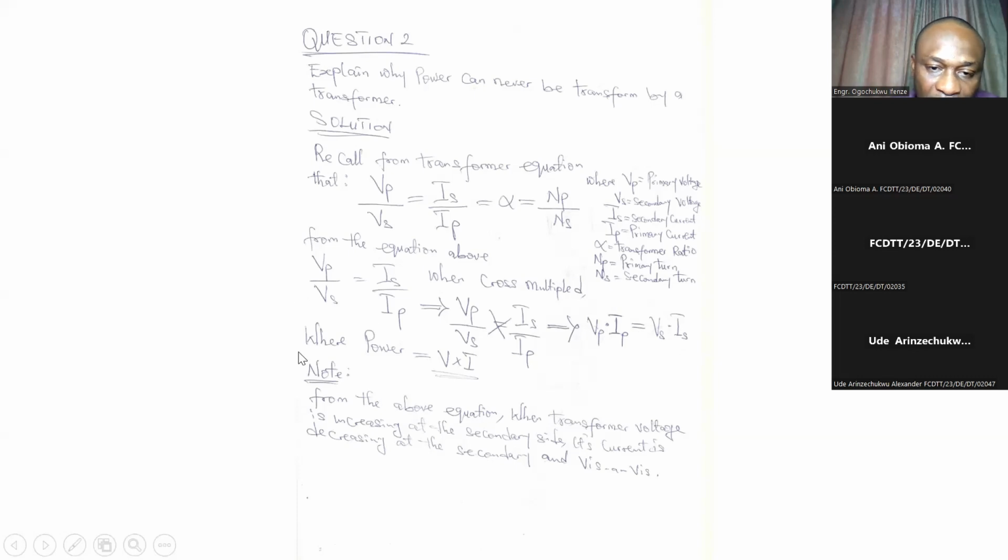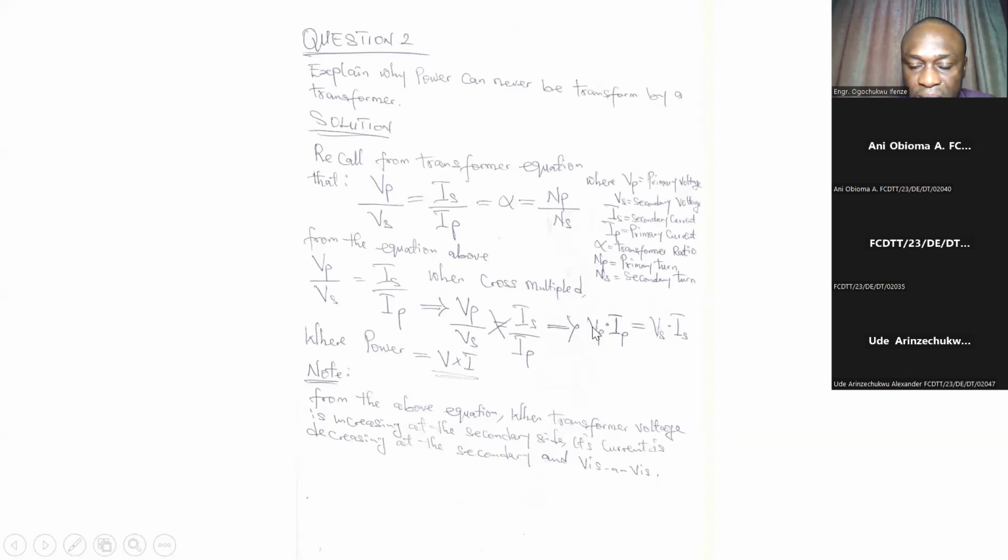And I said that power, from what you did, which department are you? Dental Tech. Okay. You've done power in your first semester, which we define as current times voltage. I gave you so many formulas for power, but this voltage times current is the one that we say is sacrosanct. Others are derived from it. Are you following me?